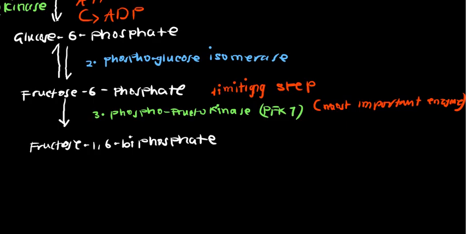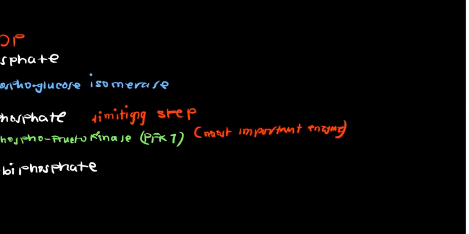Why is this step exactly a limiting step? It's because this step is irreversible under cellular conditions. So one, irreversible under cellular conditions.